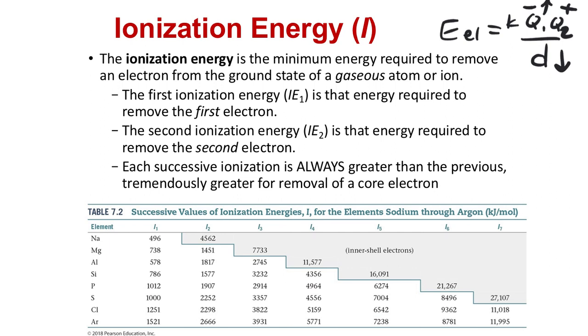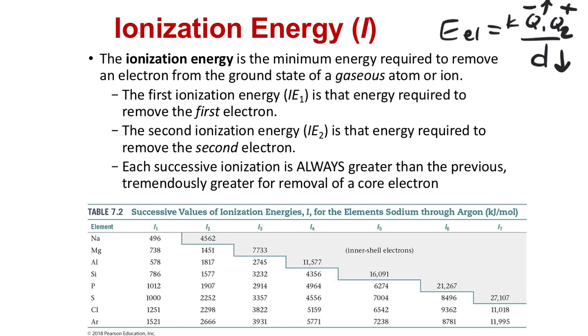We're going to get the strongest attractive force when that nuclear charge is the highest and when the electron is as close as it can possibly be to the nucleus. And so our ionization energy should be increasing as we go from left to right, because the electron's closer to the nucleus and the nucleus has a higher charge, harder to separate.